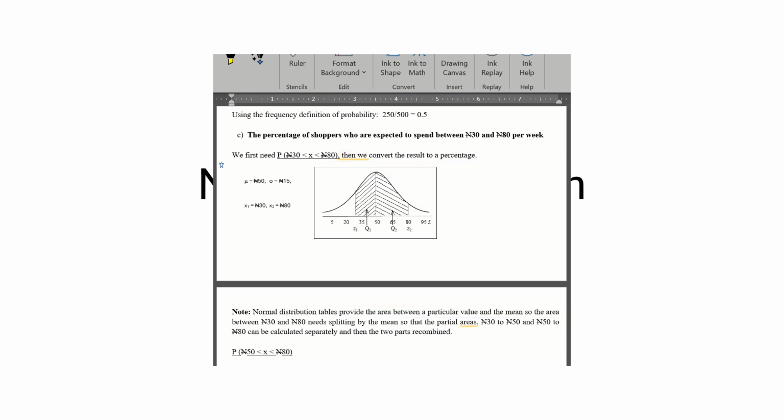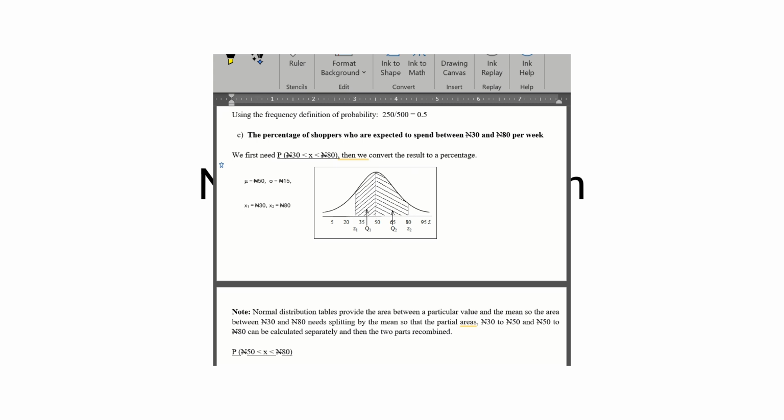So this is the probability we are looking for. If you look at the sketch here, we have 50 here, 80 here, and 30 here. So what's the probability that someone spent around this shaded area, between 30 to 50 and 50 to 80? So this is the calculation you are going to do.